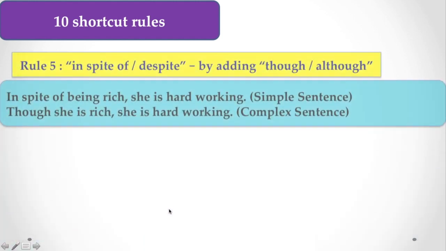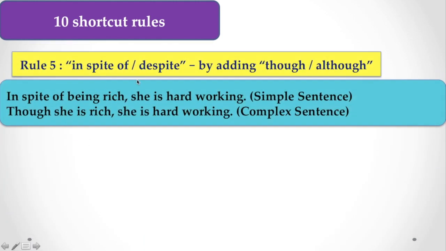Now, rule number 5: in spite of or despite. If the simple sentence begins with in spite of or despite, you just add though or although to make that simple sentence into a complex one. For example, "In spite of being rich, she is hardworking."